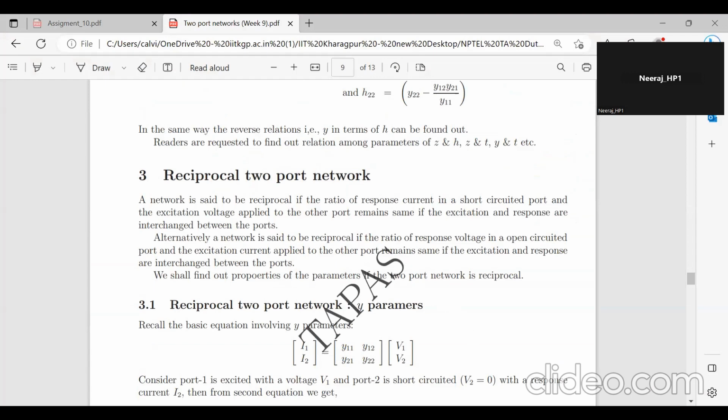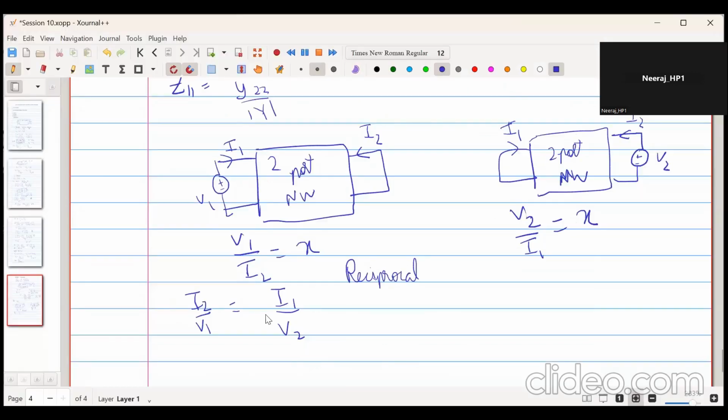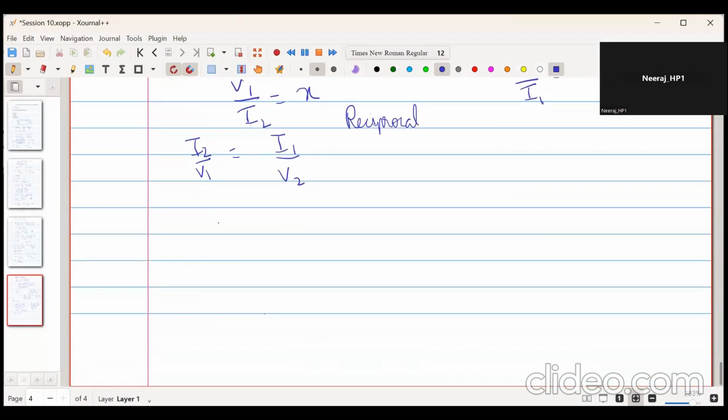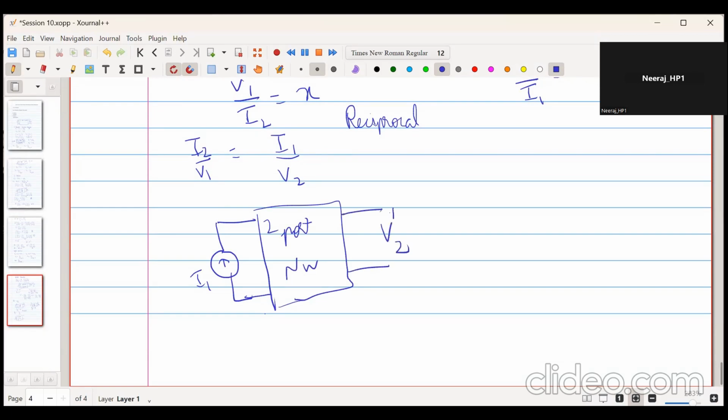Now, this is when I applied a voltage source. Suppose I applied a current source. There was a current source I1 over here. There is a two-port network over here. And I leave this open circuit. So this will be the response, this will be the input. So V2 upon I1.